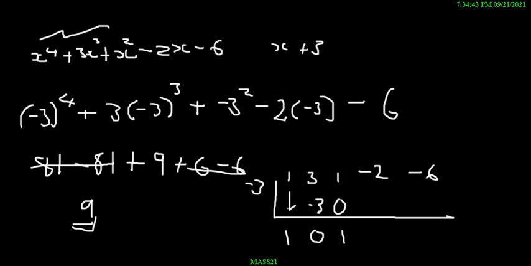Negative 3 times 1 is negative 3. Negative 2 plus negative 3 is negative 5.